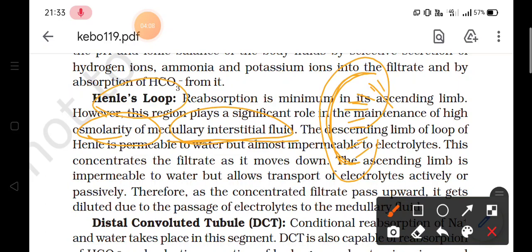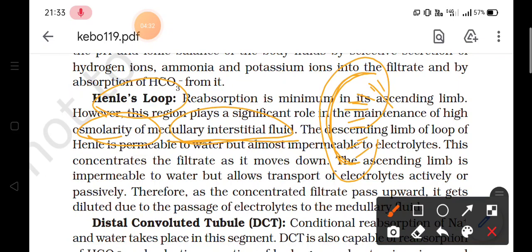Now the descending limb of the loop of Henle is permeable to water but almost impermeable to electrolytes.